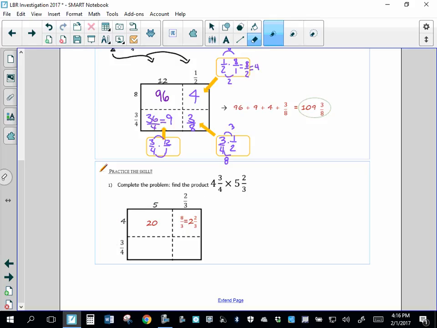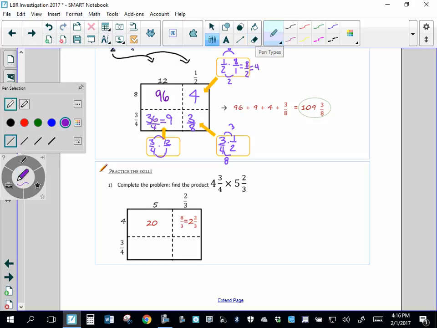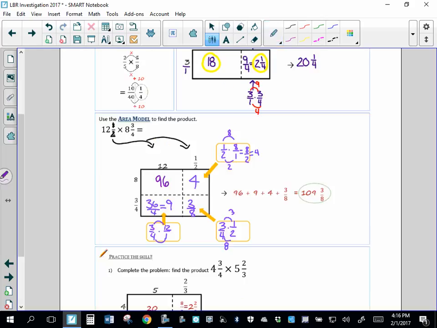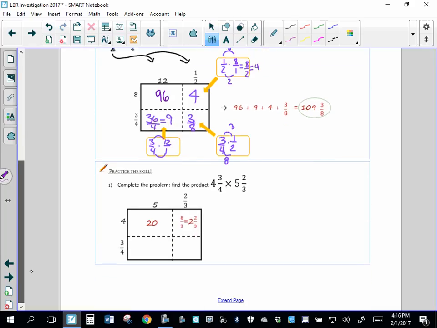So the problem started for you, and you can see that 4 times 5 is 20. And then in the second box, it did 4 times 2/3. So our job was to do 5 times 3/4, because that's the next piece. The next piece goes right in there.